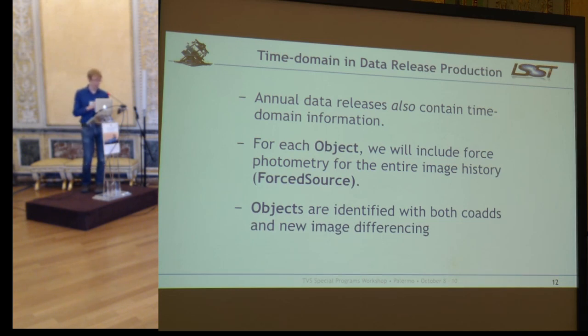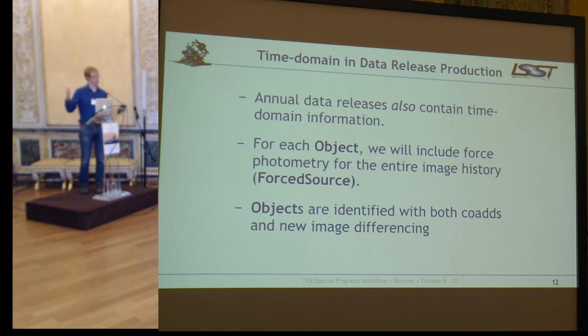Okay, so as I was saying at the beginning, the annual releases also have this time domain information. For each object, and we define an object as anything that appears in a coadd of all the data, or anything that appears in difference imaging done during data release production. So we'll go back, build a new set of templates, and do differencing of all the images again in the data release production.